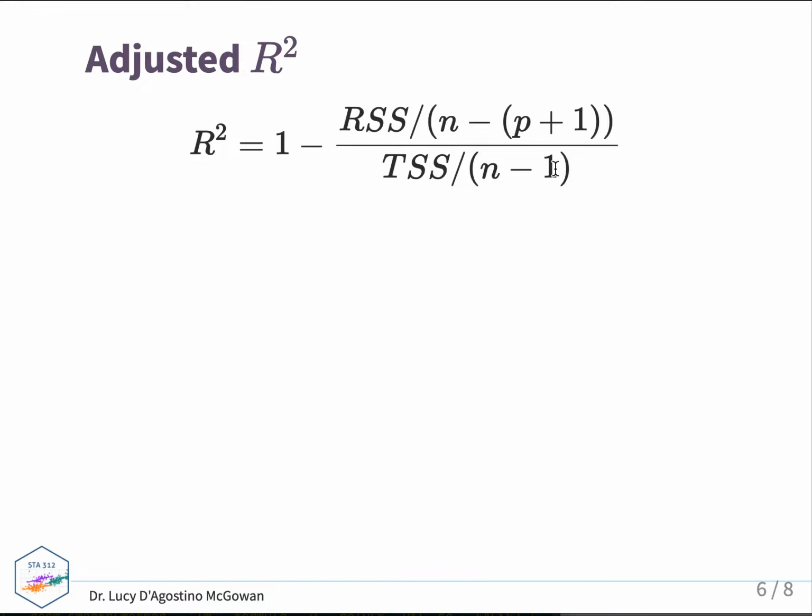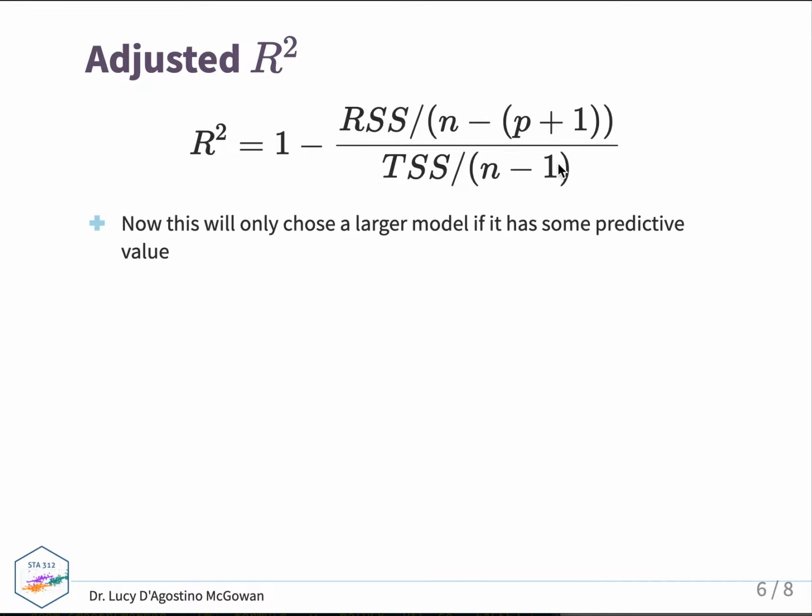What this lets us do is say whether the increase in R-squared that we would gain from adding one predictor is worth it. So it's only going to choose a larger model if the adjusted R-squared is bigger, if that added variable has some predictive value.